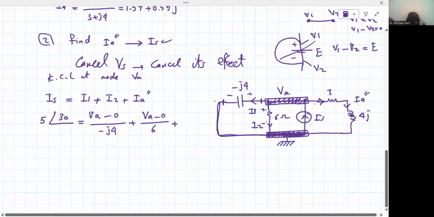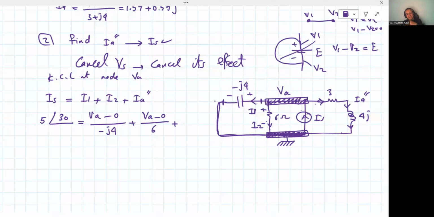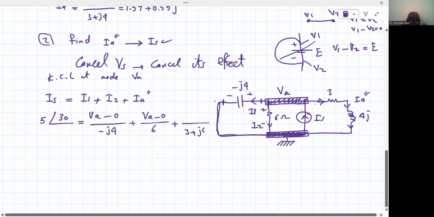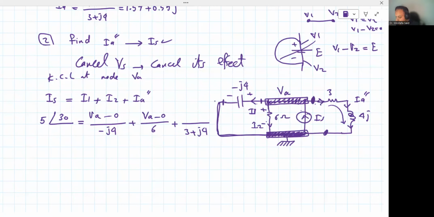Plus IA double dash, which is flowing through the 3 and the G4 at the same time. They are in series, so you can consider them as one impedance, 3 plus G4. It's equal to the voltage at that node minus the voltage at that node over the summation of the two impedances.